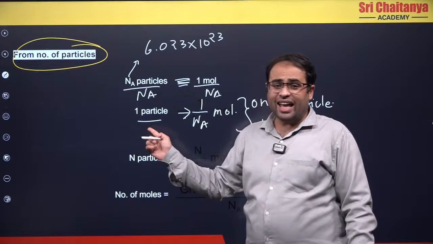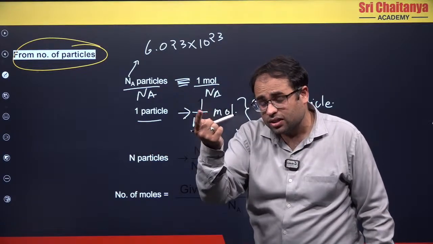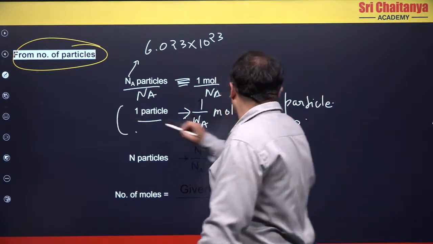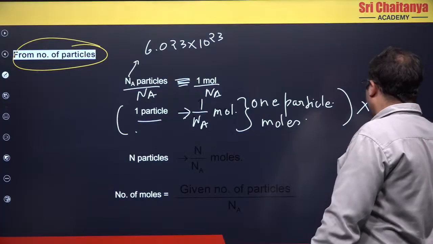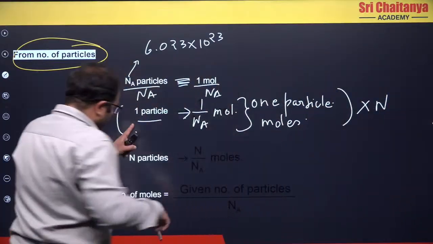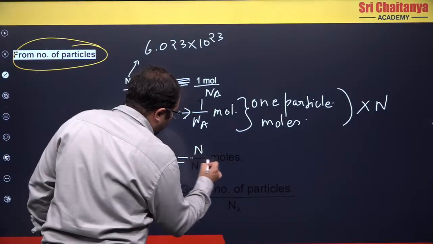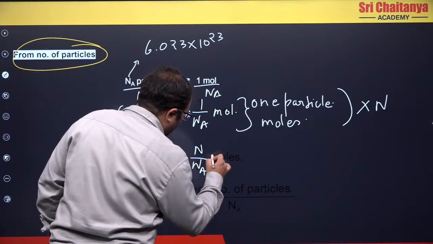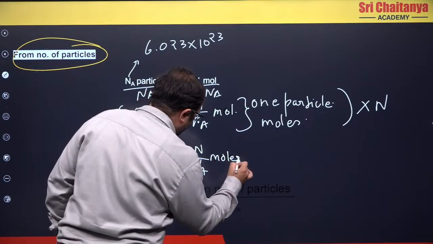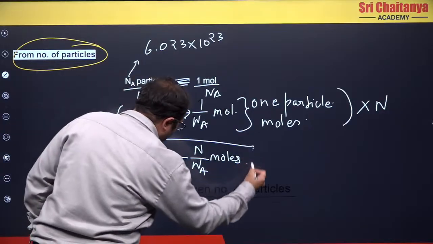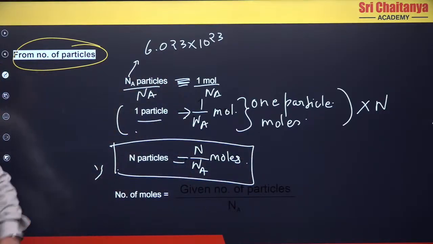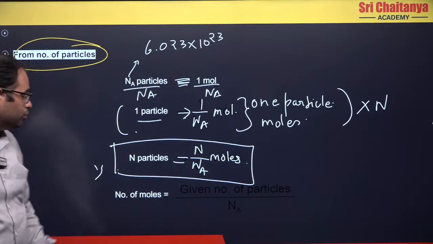If 1 particle has this many moles, then n particles, simply multiply this by n, both sides. If you do that, this becomes n particles and this becomes n by Na. So this is your way to move from particles to moles.